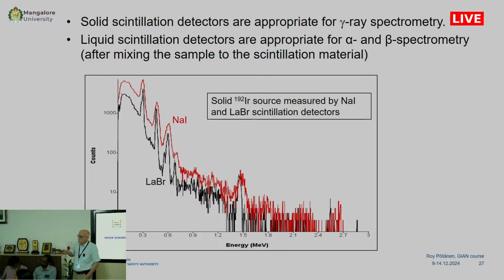But you have to mix the sample into the scintillation material. This means that usually the sample should be in liquid form, but not always. This is the comparison between sodium iodide and lanthanum bromide spectrum in the case of an iridium source. So the difference is not very big, but anyway there is some difference.